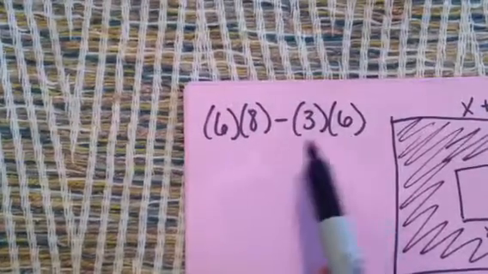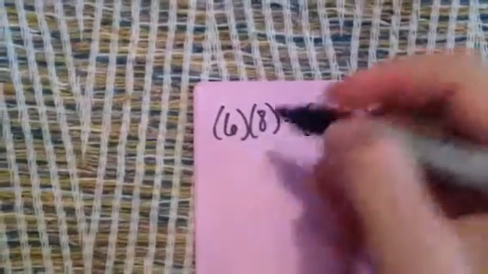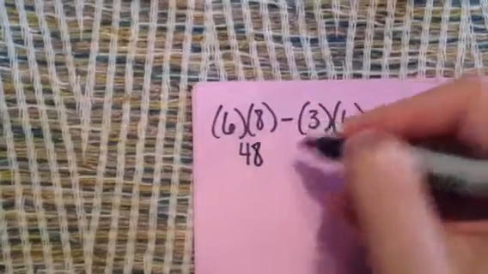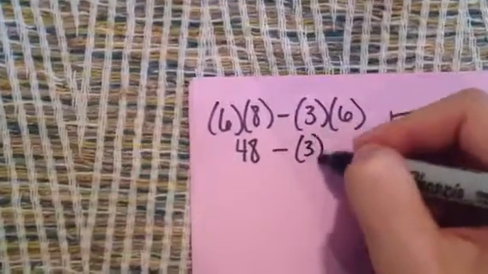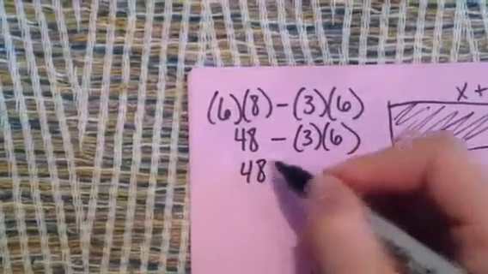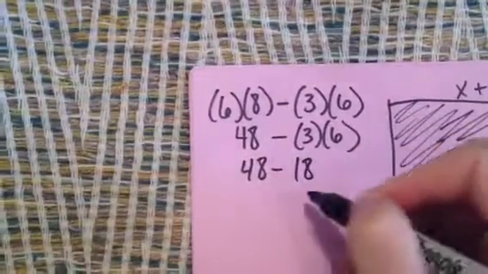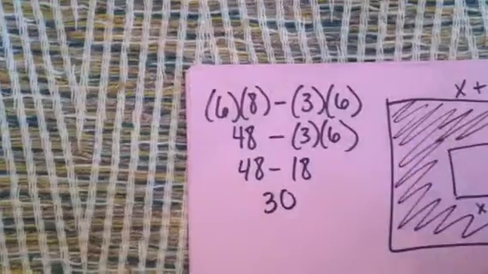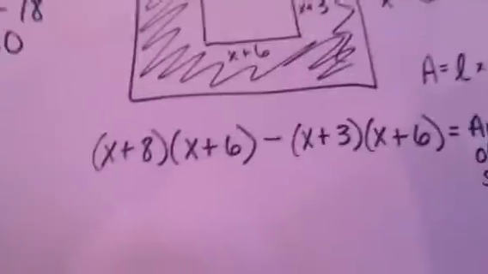So how would I solve this order of operations? I would multiply 6 times 8 first, and then I would multiply 3 times 6 second, and then I would subtract and get 30.